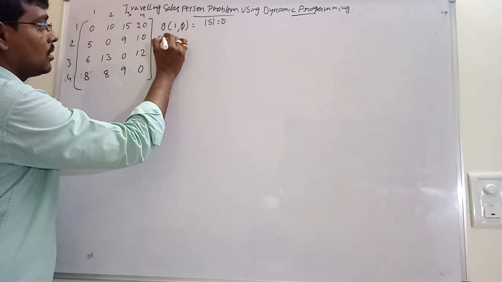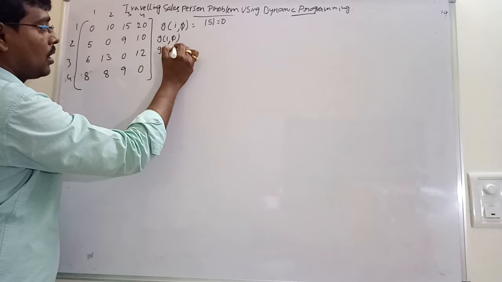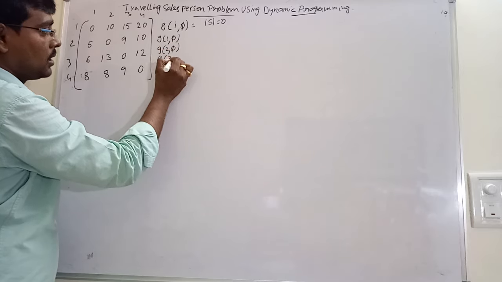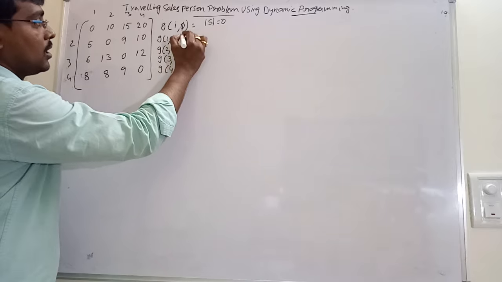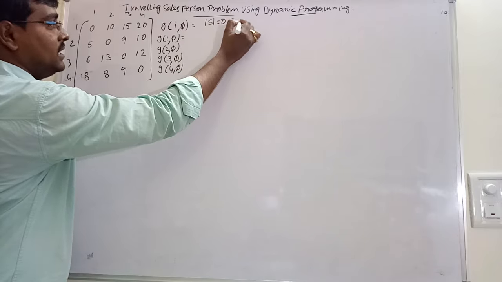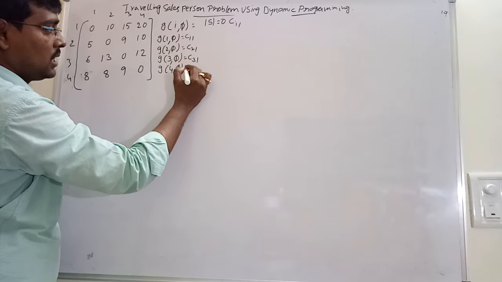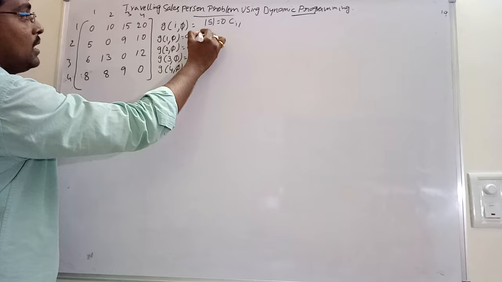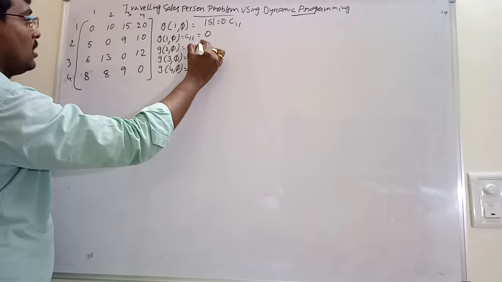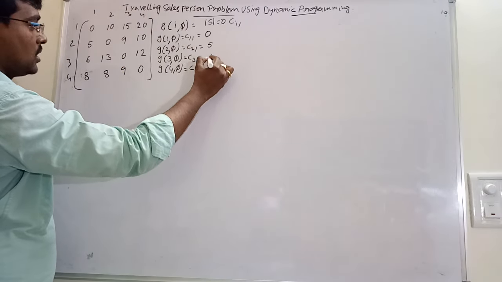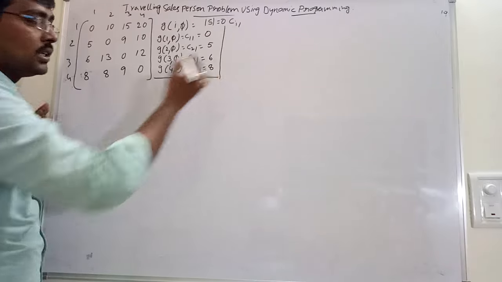So g(1, empty), g(2, empty), g(3, empty) and g(4, empty). The formula is Ci1, that means C11, C21, C31, C41. C11 value is 0, C21 value is 5, C31 is 6, C41 is 8.